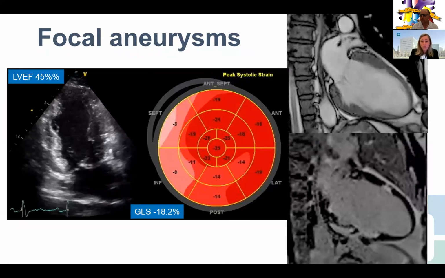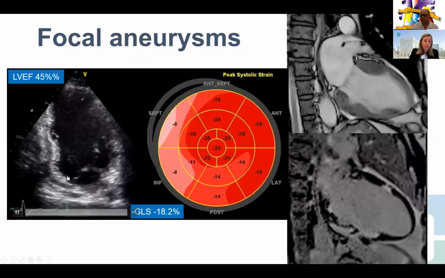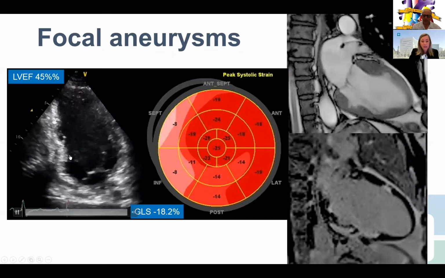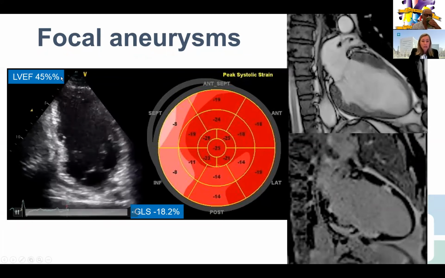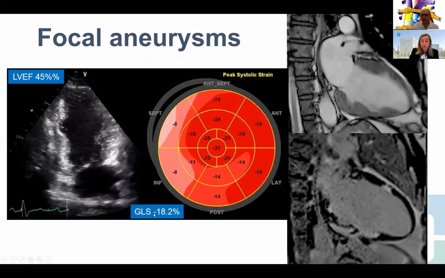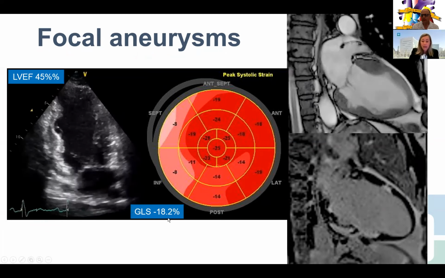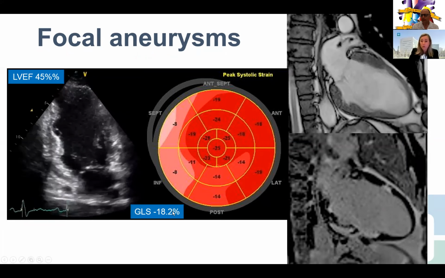That brings us to this really elegant example here where we've got an echo 2-chamber view where you've got these bite-like aneurysms in the basal and mid-inferior wall with a reduced ejection fraction of 45%, corresponding reduced strain, although overall there was still a relatively good strain value given from a global perspective.